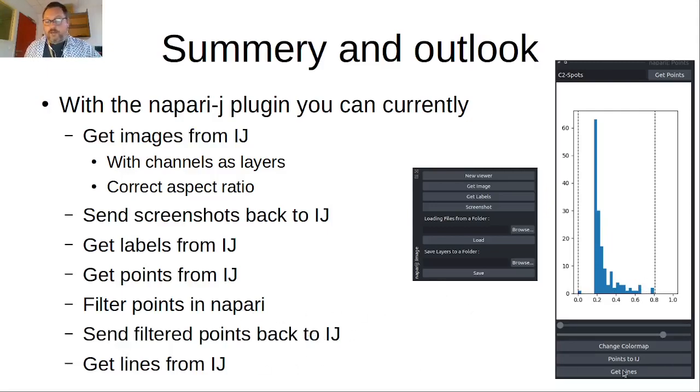And you can also get lines over to Napari. For this, you need to have a results table where the first 3 columns are the coordinates of the first point, and the second 3 columns are the coordinates of the second point.